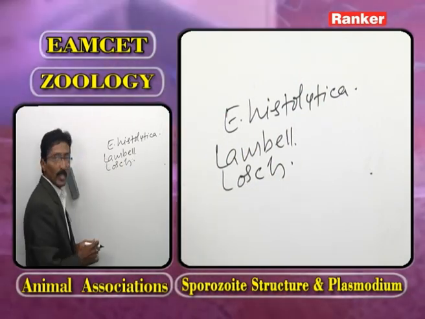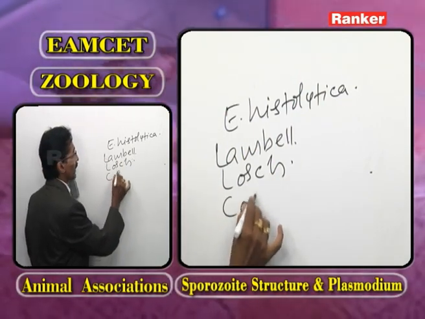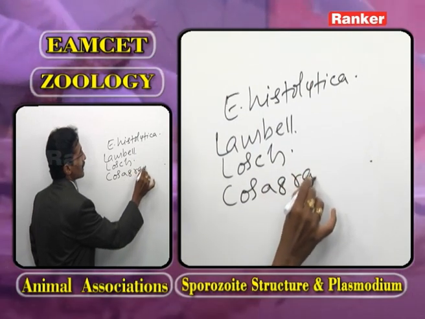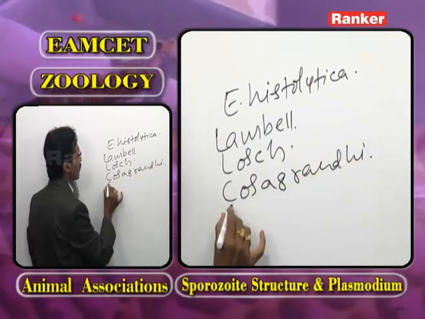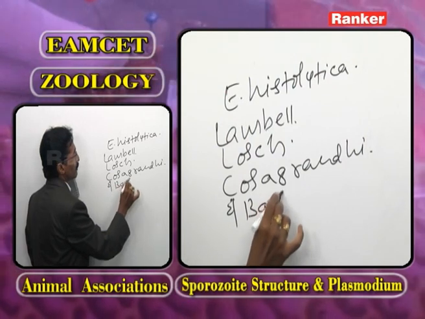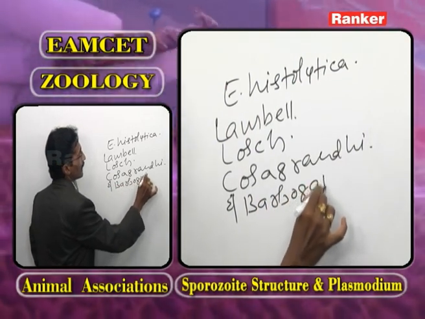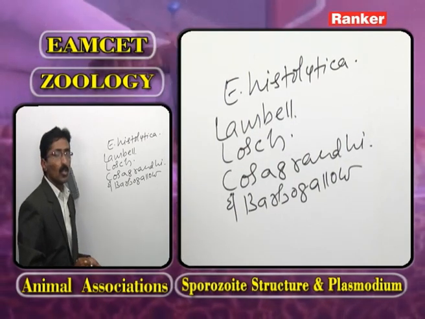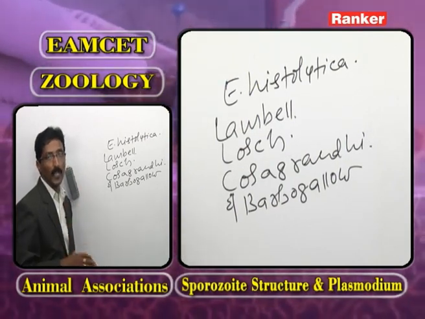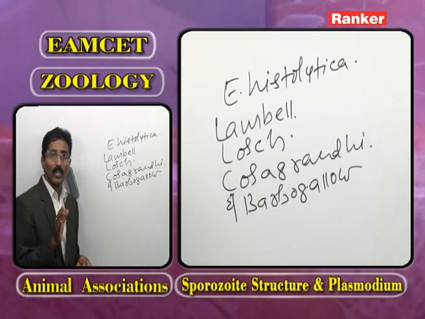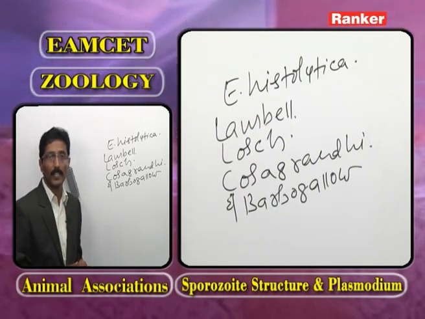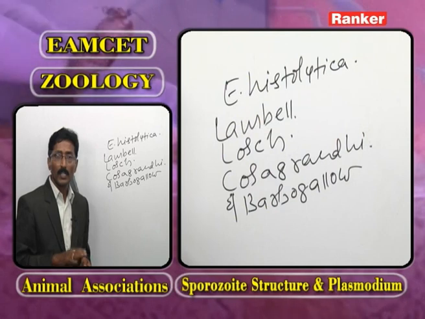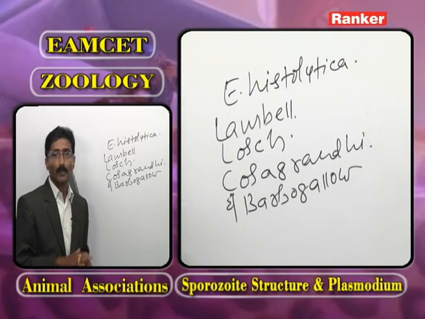The name Entamoeba histolytica was given by Casagrandi and Barbagallo. No doubt it is a unicellular parasite. Entamoeba histolytica causes amoebic dysentery. Hence it is called dysentery amoeba.